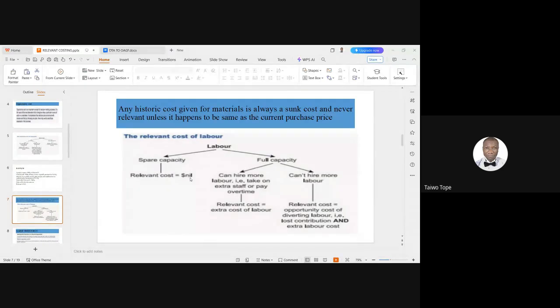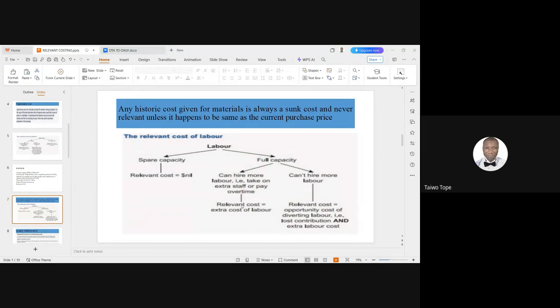Maybe there is no expertise in that particular line, a shortage of skilled labor in that particular activity you need workers for. What will happen? You need to ensure that your existing workers, you divert them to help produce in the other sector. So when you have that case, the relevant cost will be what? Opportunity cost of diverting labor.